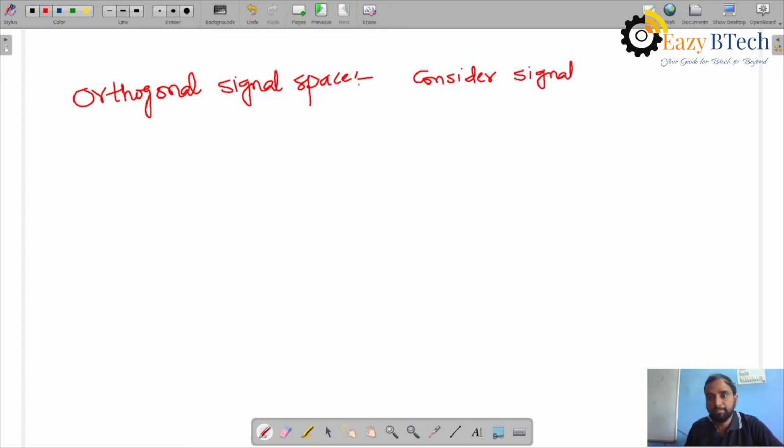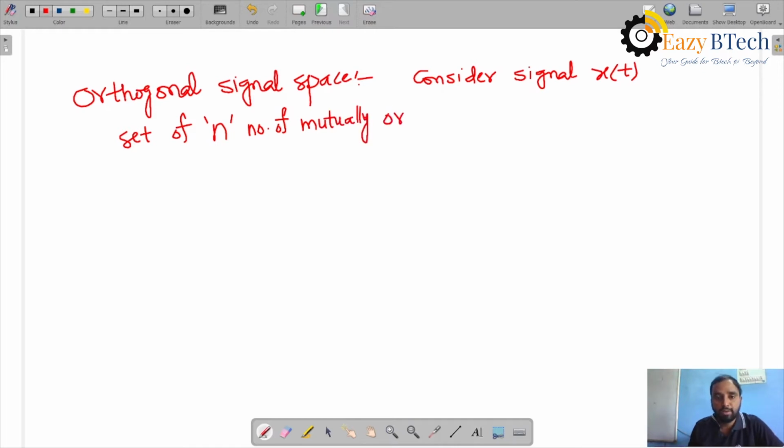This is the signal x of t. Now I am taking a set or group of n number of mutually orthogonal functions or signals, where n may be 10, 20, or 30, over the interval t1 to t2.